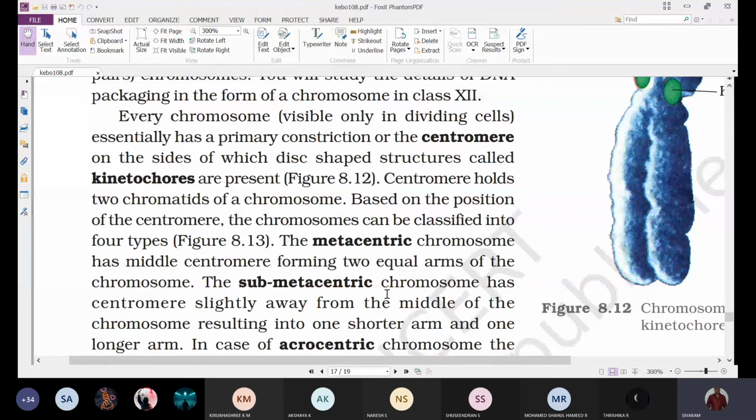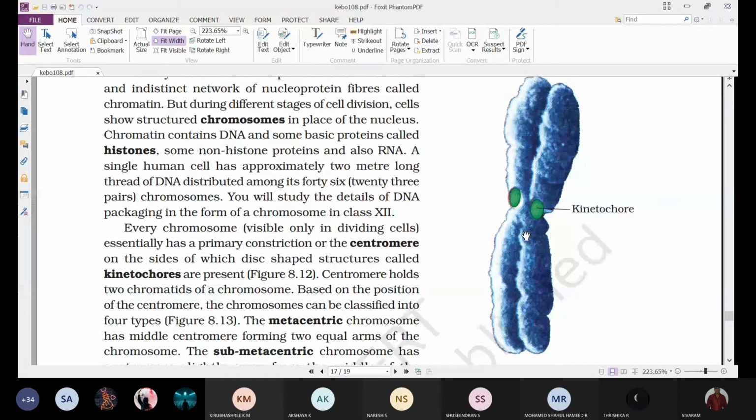We can see here, this is the chromosome. Almost all the chromosomes, definitely every chromosome, consists of a primary constriction. This is a primary constriction. We call it a centromere.